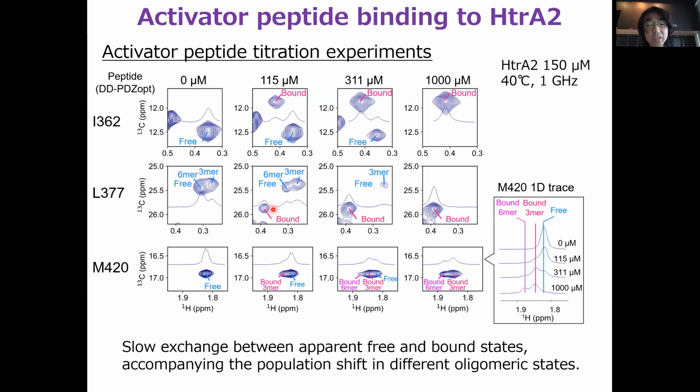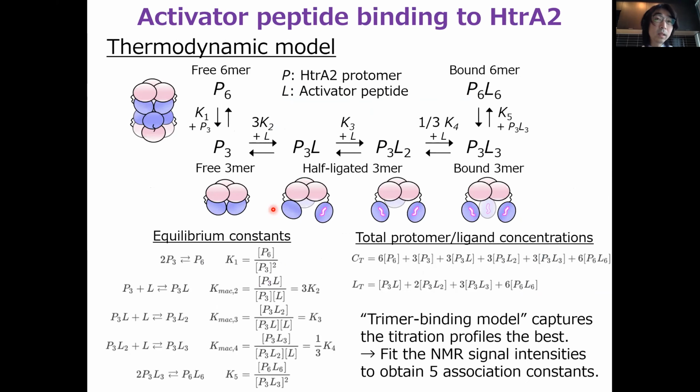This result suggests that the binding of the activator peptide accompanies the population shift in different oligomeric states, and the binding affinities toward hexamer and trimer are very different. To make the long story short, I analyzed this titration profile based on this thermodynamic model.